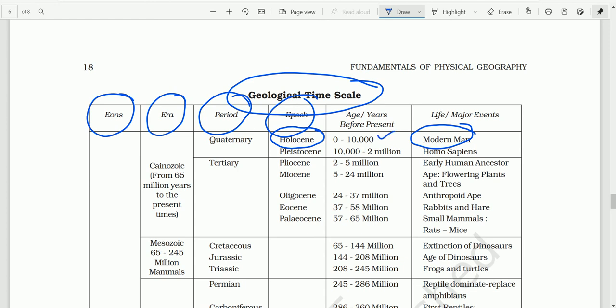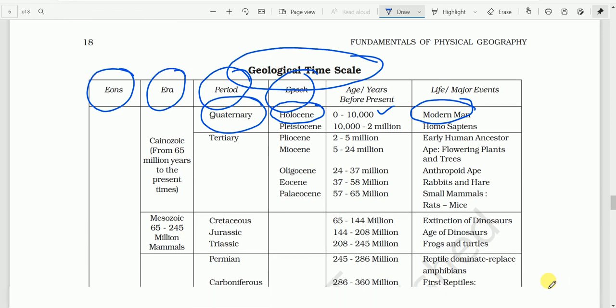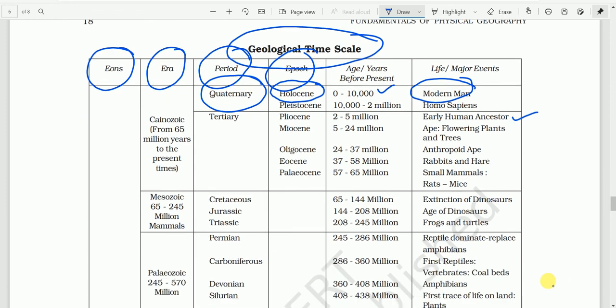Holocene means from the present day to 10,000 years before present. So we are in the Holocene, and our period is known as Quaternary. You may read this table.